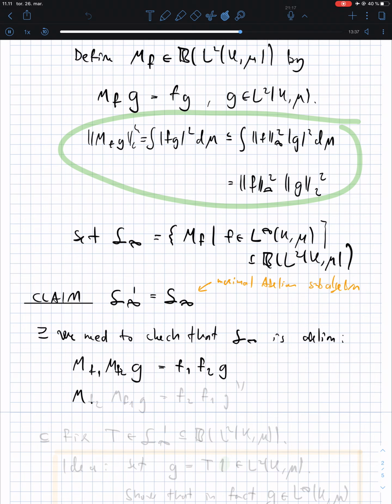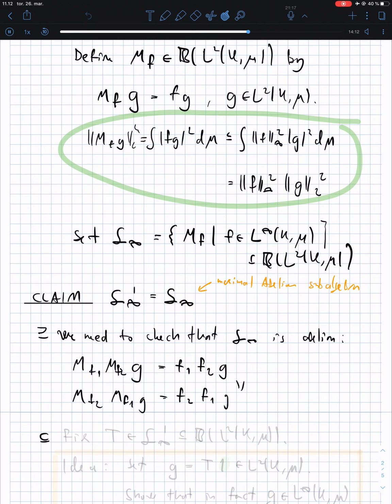And of course, if I do this in the opposite order, Mf2 Mf1 g, well, that's going to be f2 f1 g, but that's the same because we're just taking pointwise multiplications of not entirely functions, but classes of functions, well defined almost everywhere relative to the null sets of mu. So that's sort of clear, but the other inclusion is not clear.